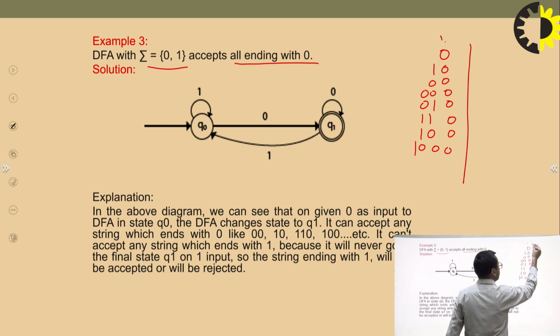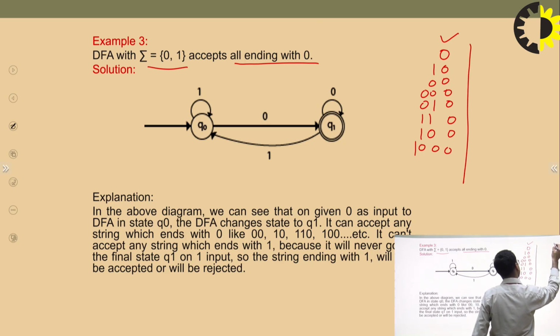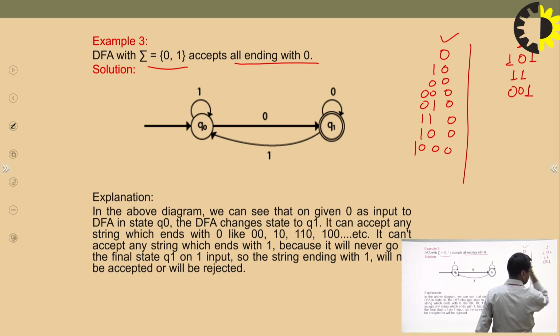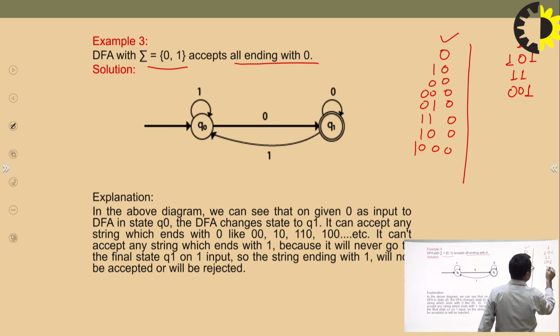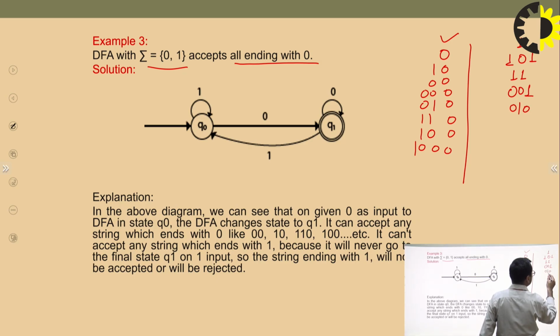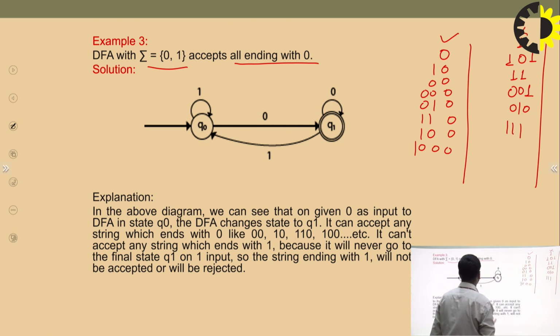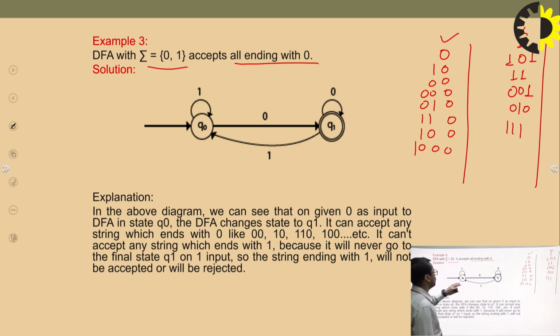These strings should be accepted, and strings like 1, 1 0 1, 1 1 1, 0 0 1, 0 1 0 should not be. So this is the DFA model for the language: a DFA with input symbols 0 and 1 that accepts all strings ending with 0.